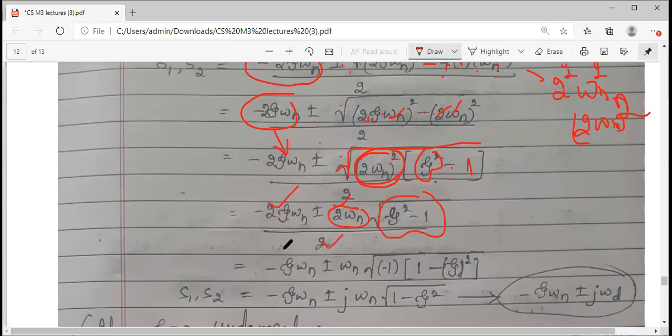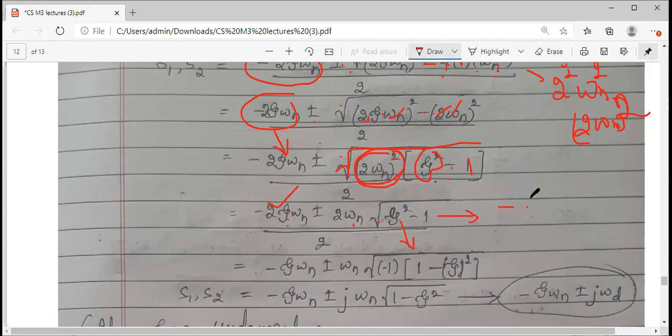You will be left with the first term minus zeta omega n plus or minus only this omega n root of zeta square minus 1. Either you can take it as it is, or we can modify the answer further. There are two things in this.